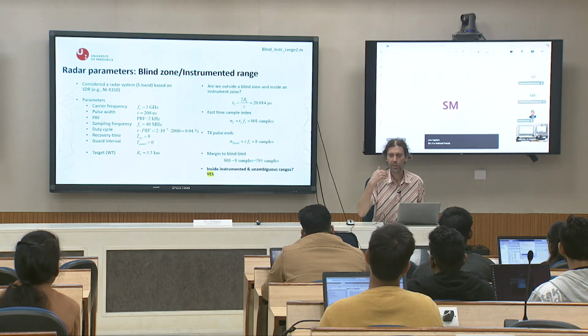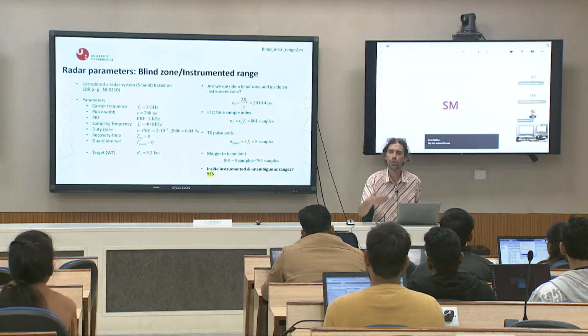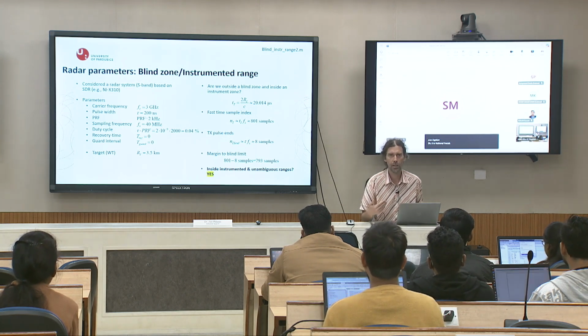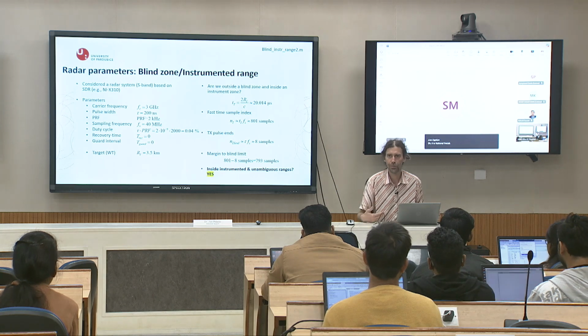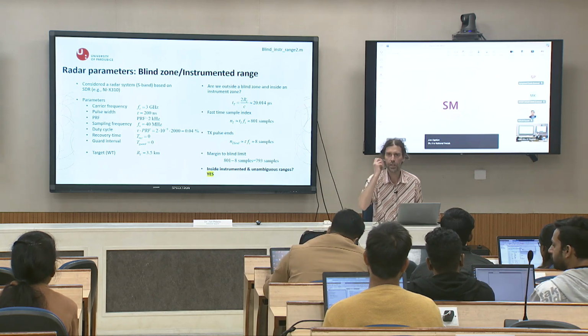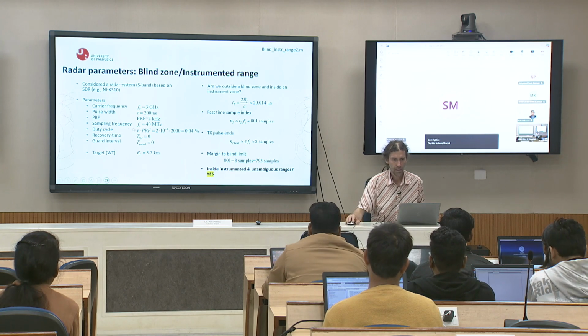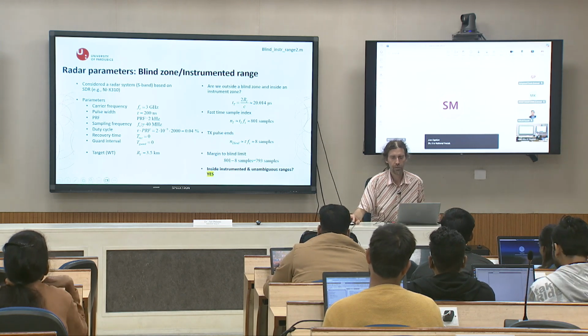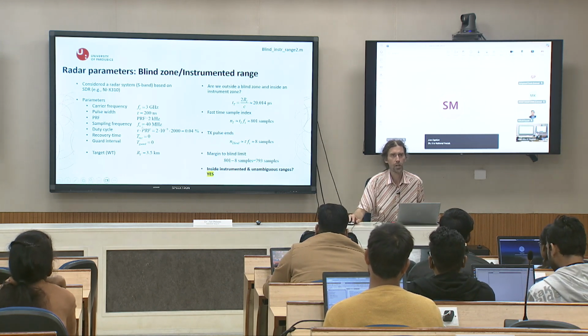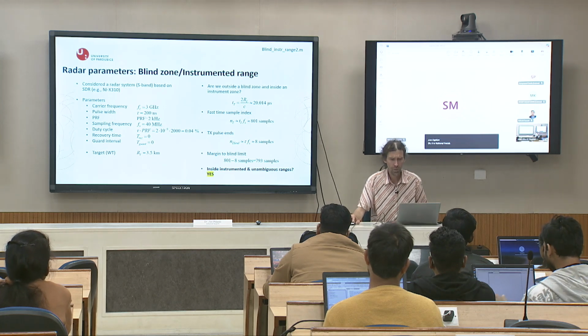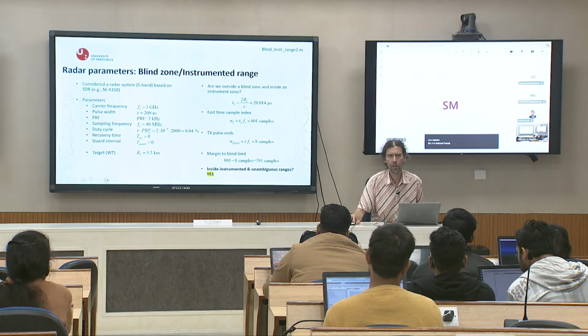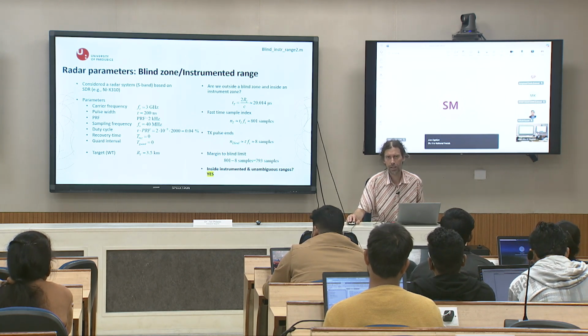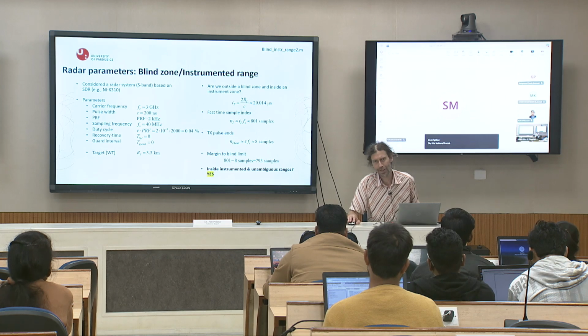With this example, I want to show you how you can easily compute. This is not any magic. It is only a few formulas, and you can easily check it. You can even check if you don't like your resolution under one cell. Okay, make a higher sampling frequency. Of course, a higher sampling frequency is more data, and you need to store this data somewhere.